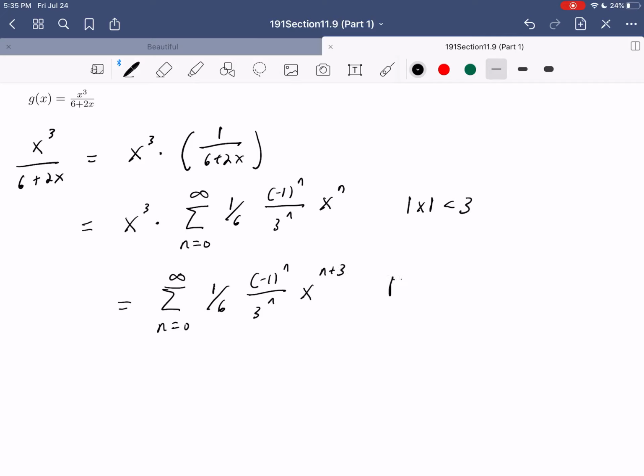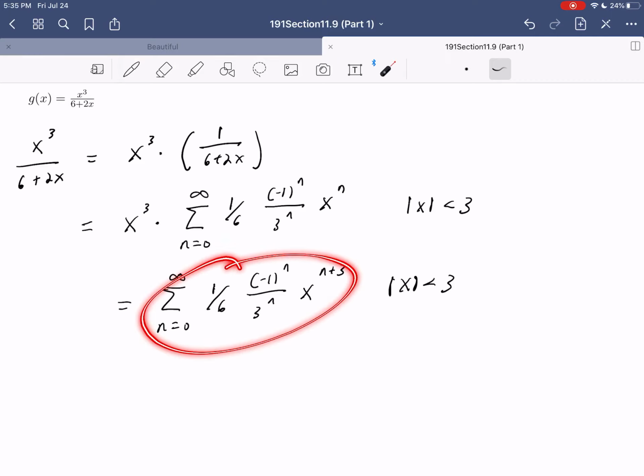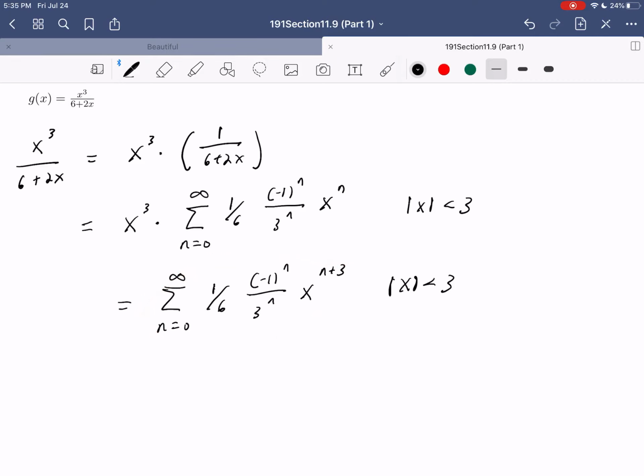And that's, again, as long as x is less than 3 in absolute value. So we had a new rational function, x cubed over 6 plus 2x, and we came up with an infinite polynomial representation of it using this power series. Notice it also had the same radius of convergence as the previous one. The radius of convergence here is still equal to 3.